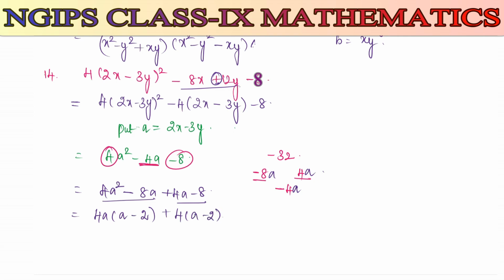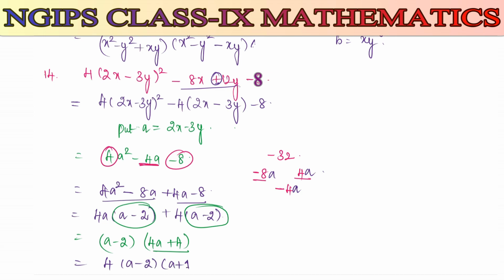Now we have two terms, and in both the terms we have a − 2 common. So I am going to take out a − 2. The leftover value is 4a + 4. From these two terms I can take 4 common. So finally we will get 4(a − 2)(a + 1). So these are the final factors.